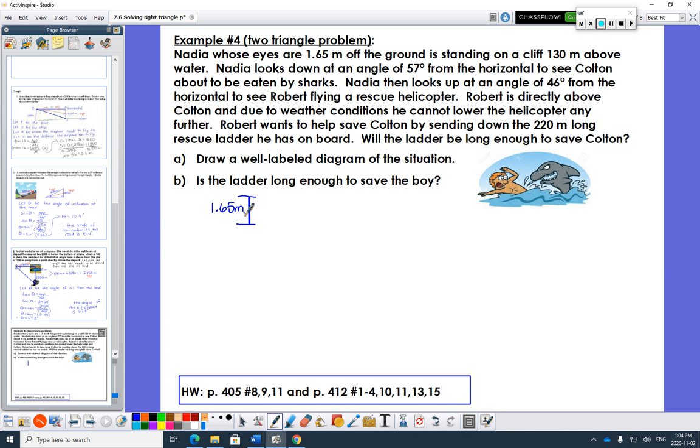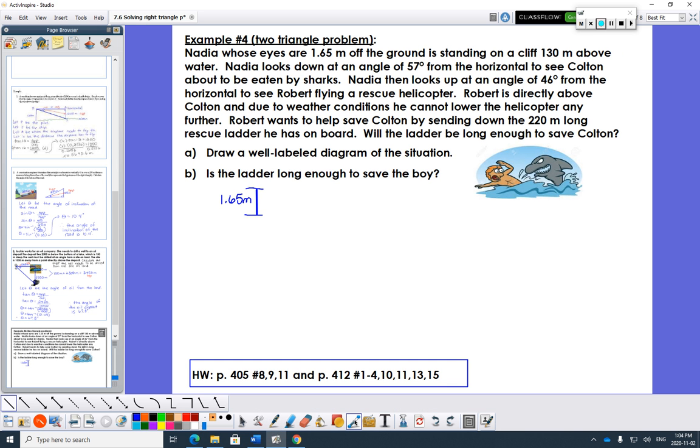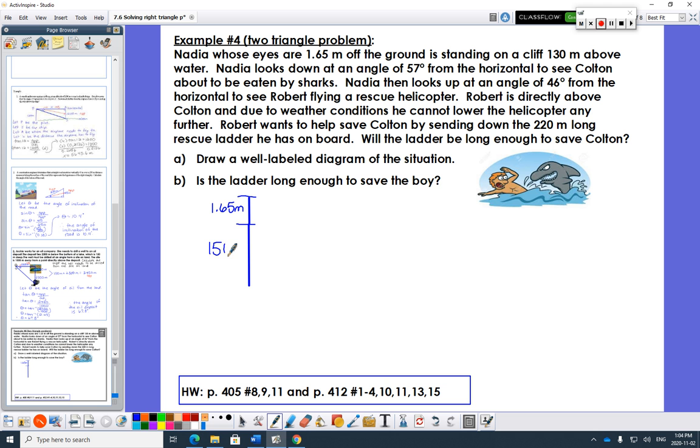She's 1.65 meters tall. And then the cliff, oh, 130, sorry. Okay, so you don't have to draw a fancy stick figure, nothing. Nadia is 1.65 meters. The cliff is 130 meters above the water.